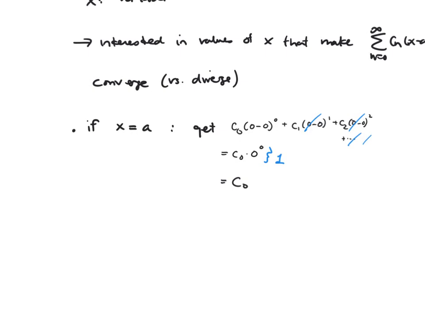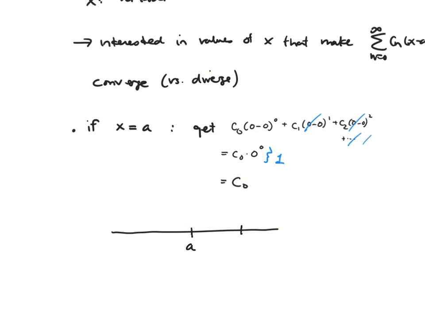And now the question is, as we move away from x equals a, how large of a window of x values are there that leads you to convergence? And so we have a way of drawing this and denoting this idea. So if we have some a value, definitely the series will converge there to C0.